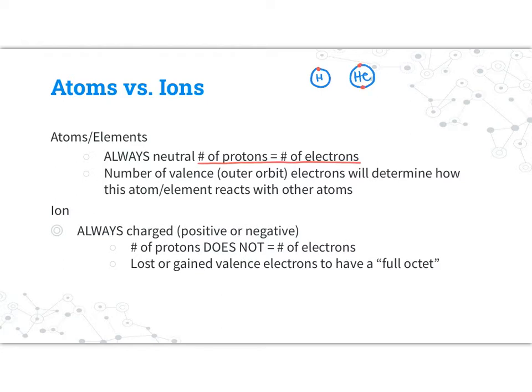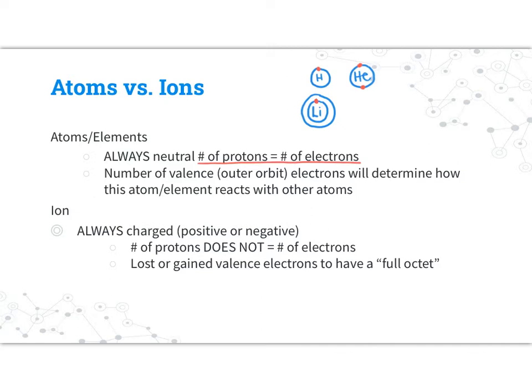Now, lithium is in its own next row. Lithium has 3 protons. Therefore, it also has 3 electrons. So lithium, because it's in the second row, has 2 orbitals. The first orbital, as we've seen here, holds 2 electrons.